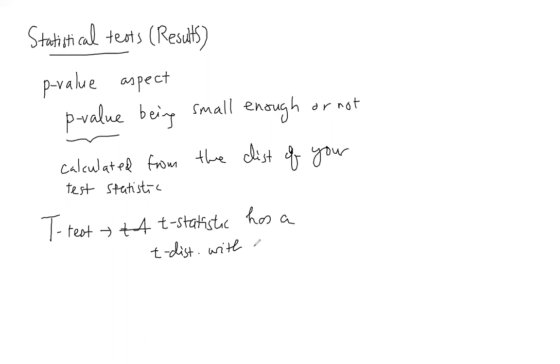With n-1 degrees of freedom. When you report the results, you do not have to say all these things, like how many degrees of freedom and so on and so forth. And you also do not need to report the t-statistic value because it is actually clear from the p-value itself.